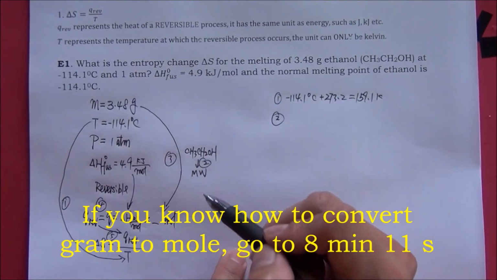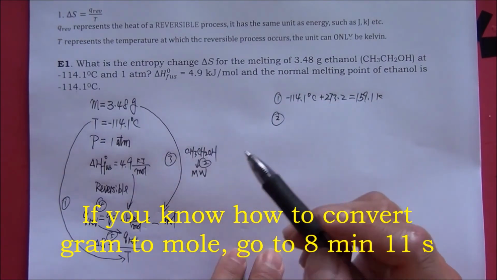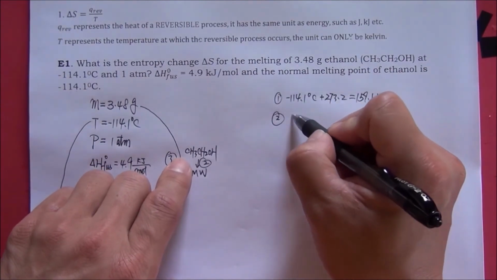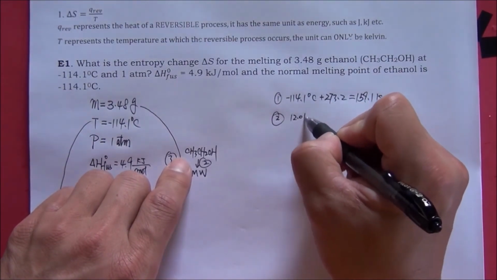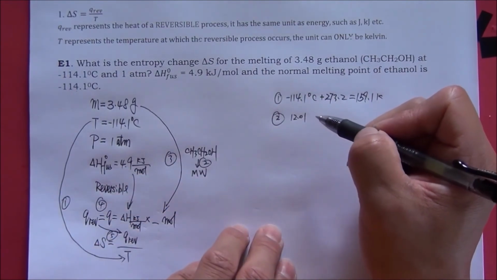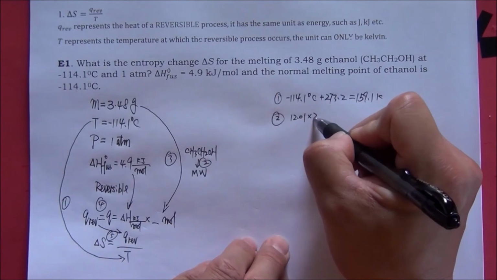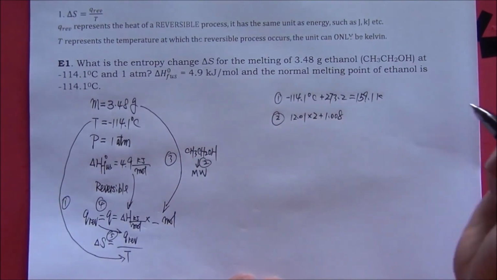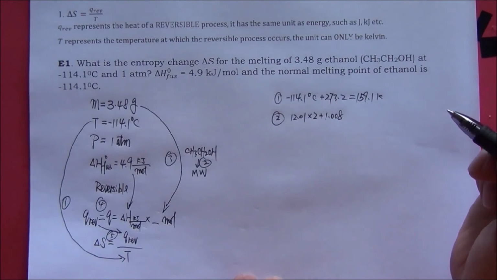Step 2. We will calculate the molar mass of ethanol. We have 2 carbon atoms in 1 molecule of ethanol. For each carbon, it is 12.01 from the periodic table, and we have 2 carbon. For each hydrogen, it's 1.008 from the periodic table.